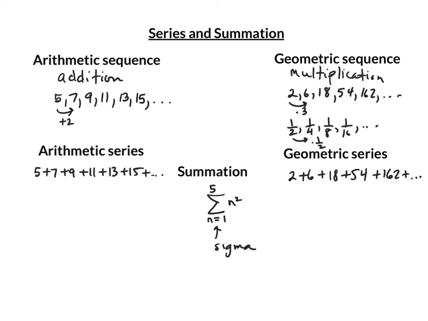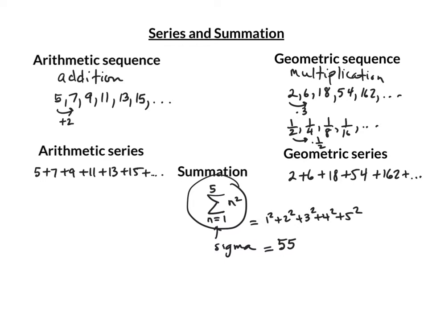So what this would be is 1 squared plus 2 squared plus 3 squared plus 4 squared plus 5 squared. Then I could work all those out and add them up, and that would be the answer to this question. So adding all these up, I get 55.